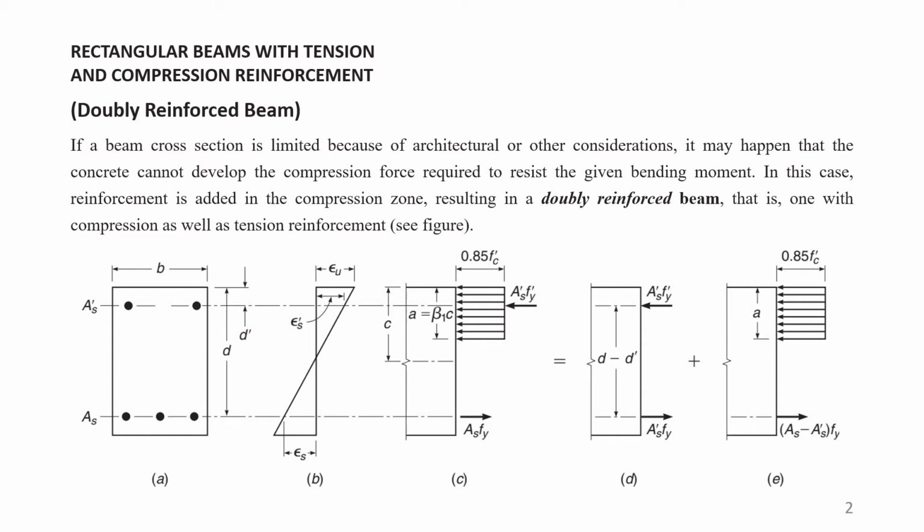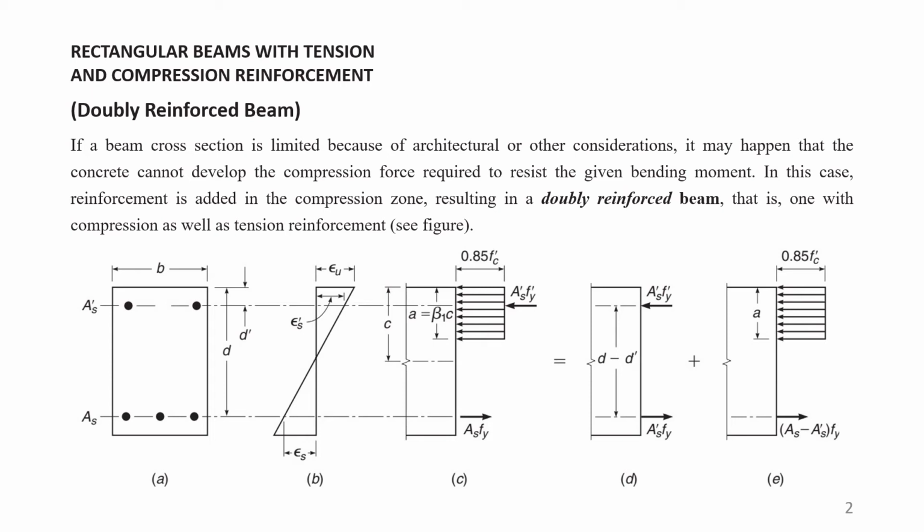In this figure, epsilon u is the top strain, epsilon s prime is the strain where we will be placing the top rod or the compression zone rod, and epsilon s is the strain of the normal tensile steel.